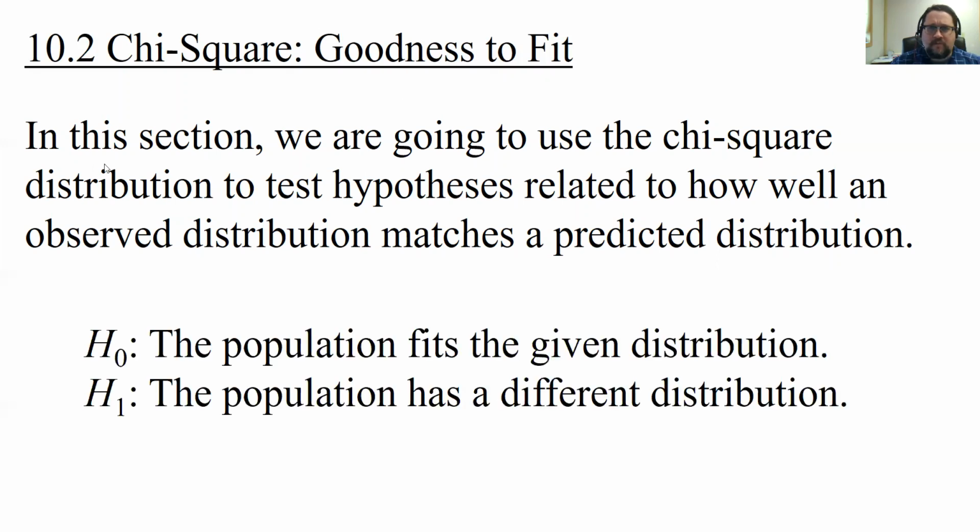So our null hypothesis will be that the data does fit that predicted distribution, and the alternative will be that it doesn't. We'll be checking to see whether we should maintain that null hypothesis, or whether we'll reject it and think they may have different distributions.